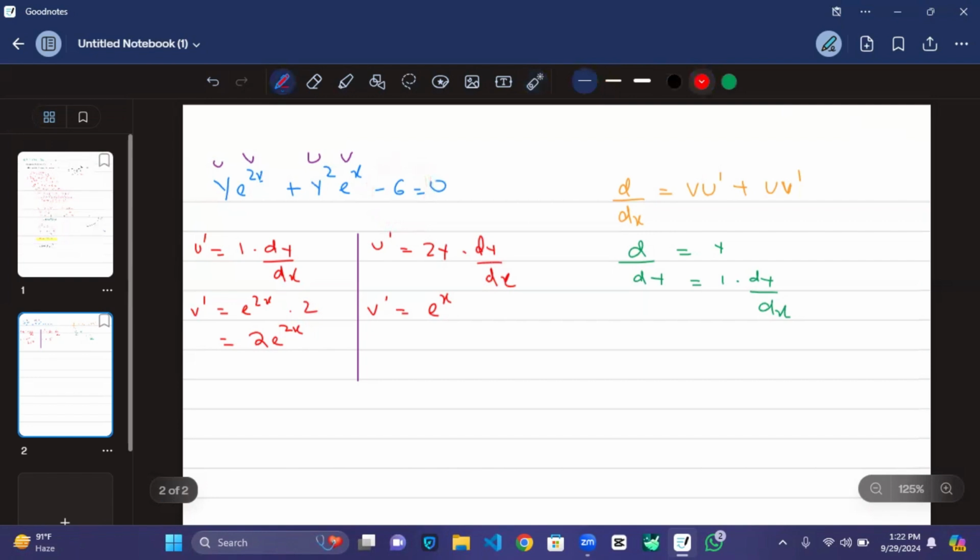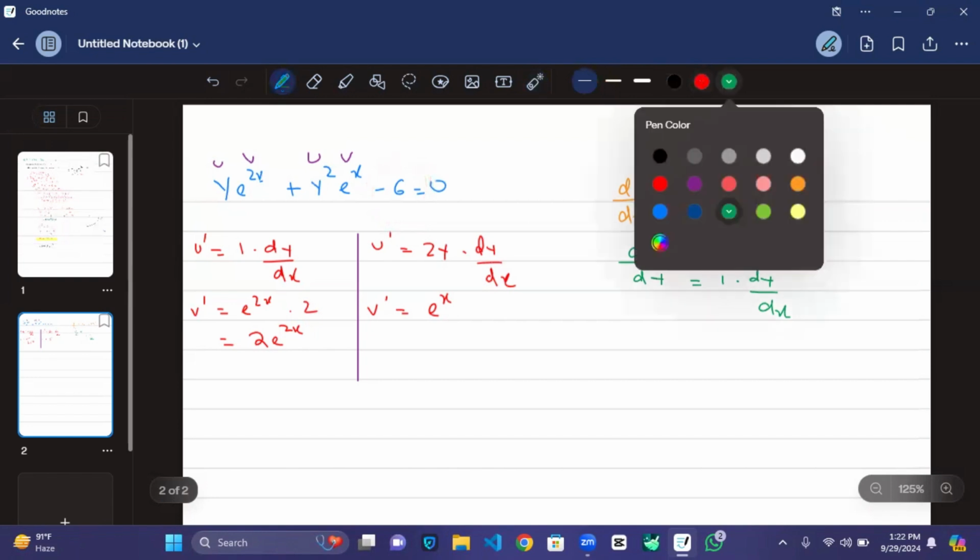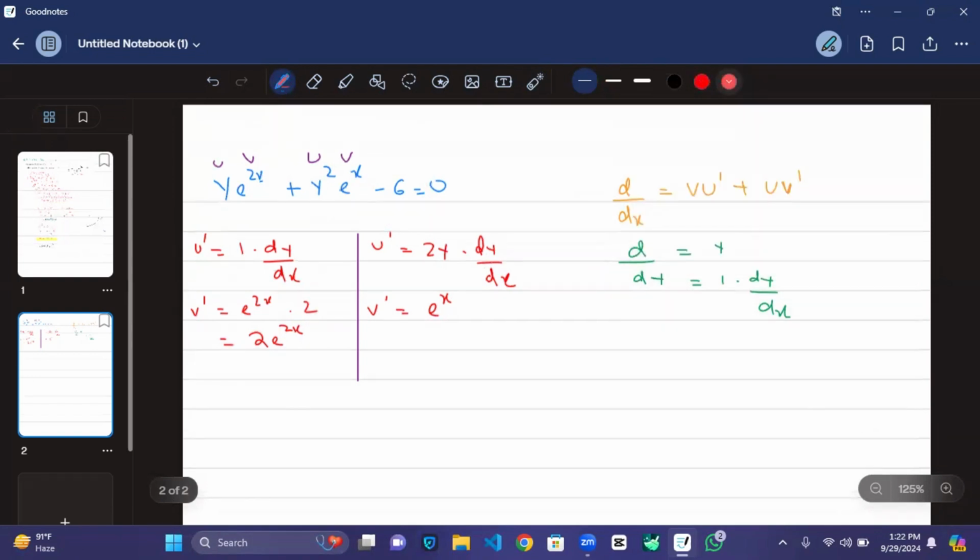So now let's insert the value of u dash and v dash respectively into the product rule formula. So let's apply the formula. For the first case, we need to apply this product rule formula, which is v u dash plus u v dash. So over here, the value of v for the first case is e to the power 2x.